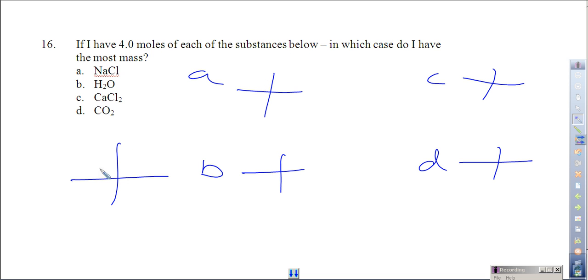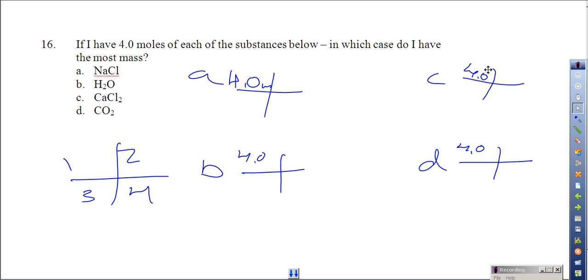So if my box is labeled 1, 2, 3, 4, which number is going to be the same? 1 is going to be the same because it's going to be 4.0 moles. Unfortunately, you are not correct, Priya. It's not going to be the same.